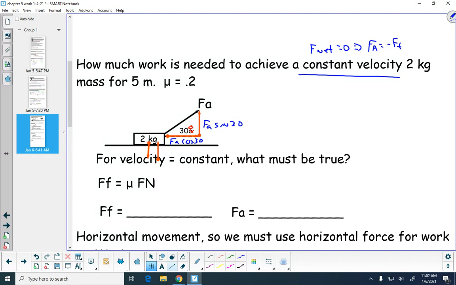But the problem we run into now is our force normal is going to equal 2 times 9.81, but we're going to subtract off force applied sine of 30, because we are diminishing the amount of our normal force by pulling upwards.